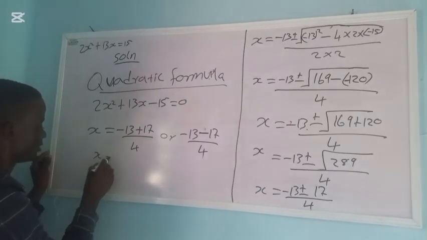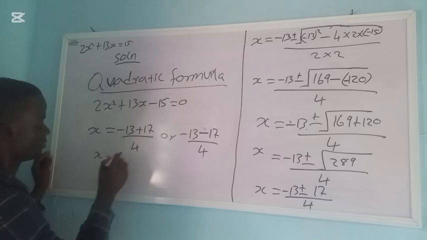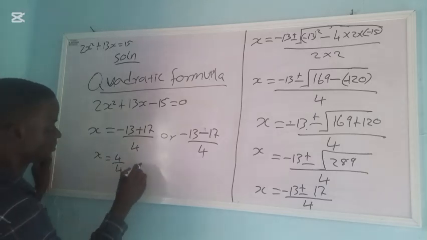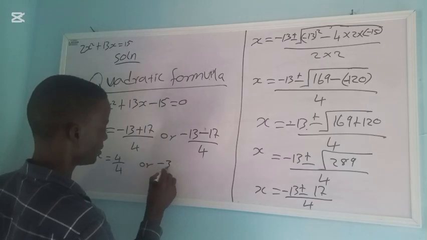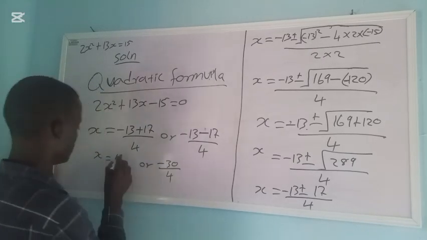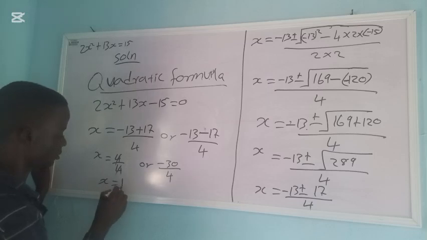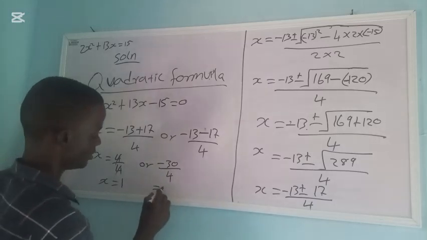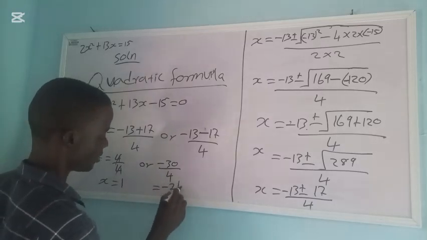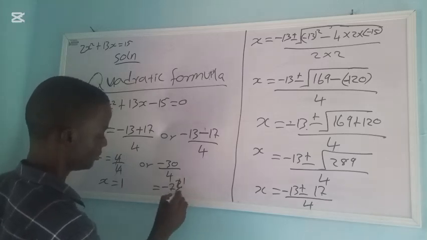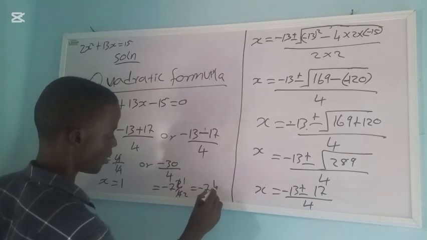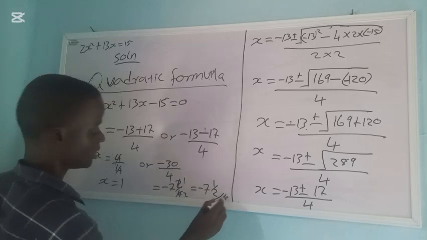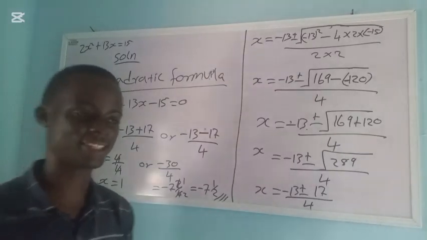So x is equals to minus 13 plus 17 is 4 all over 4, or minus 13 minus 17, you have minus 30 all over 4. This one, cancel this one, so we have this is equal to 1, and then this is equal to minus 7 whole number 1, 2 over 4, which you can still break down, will give us minus 7 whole number 1 over 2. That means we are correct.